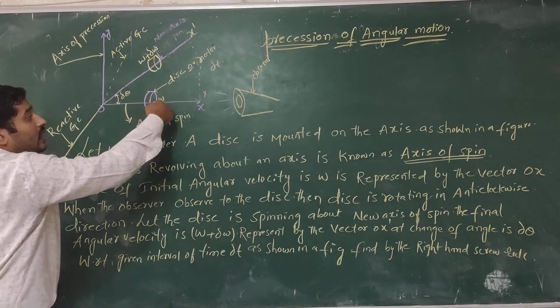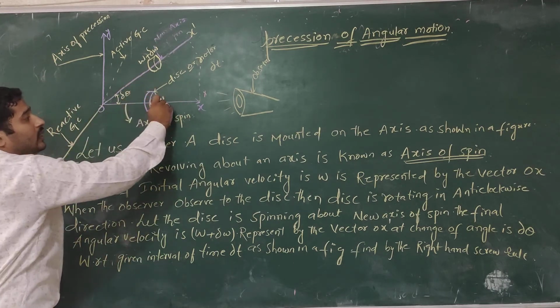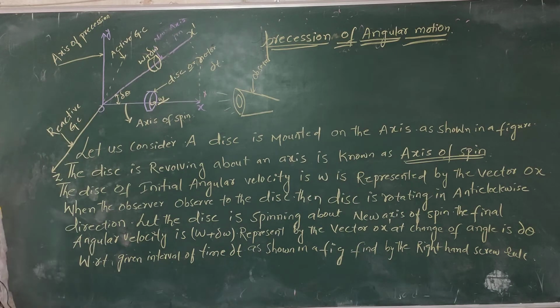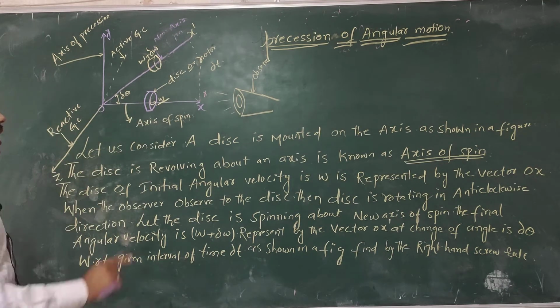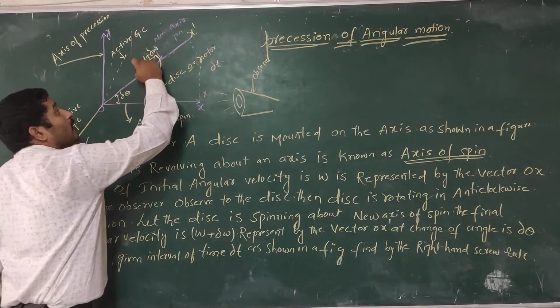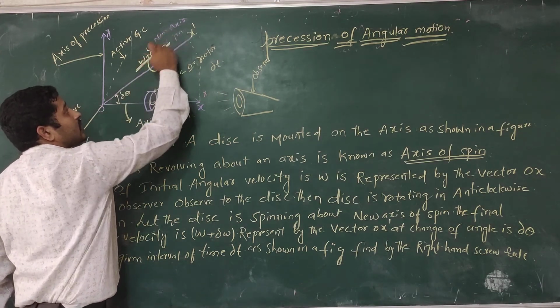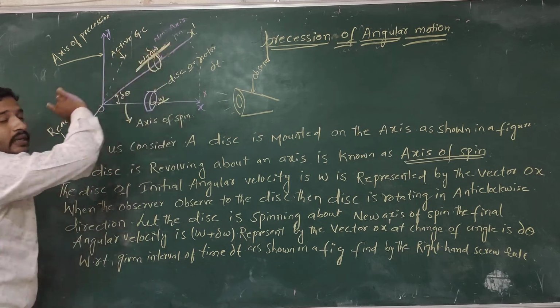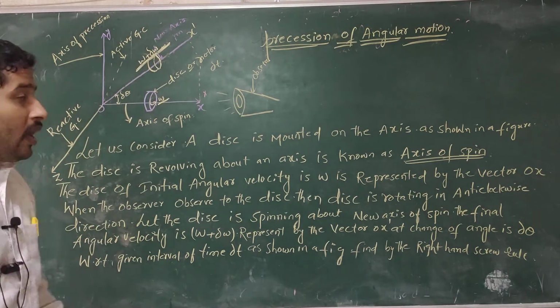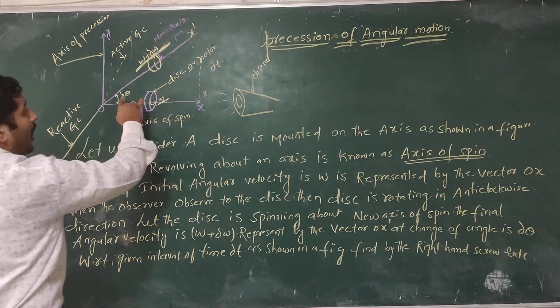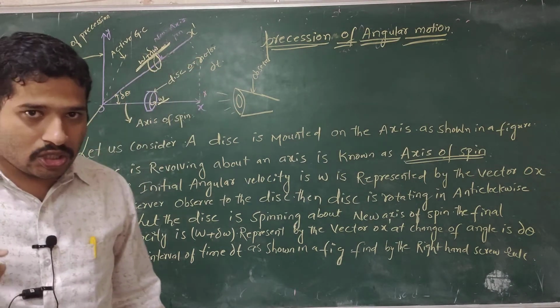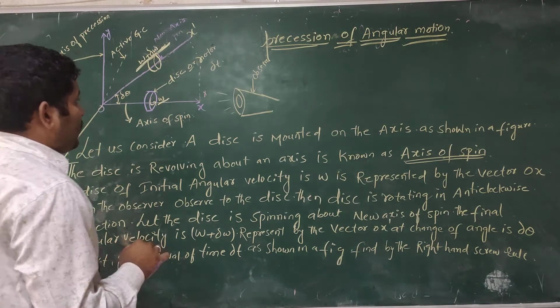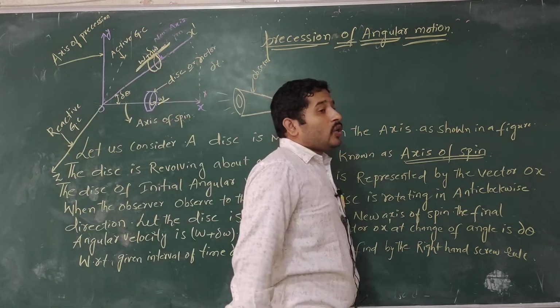The initial angular velocity of the disk is omega, and the final angular velocity of the disk is omega plus delta omega, with the change of angle, with the change of time. Is it right? It is represented by the right hand screw rule.